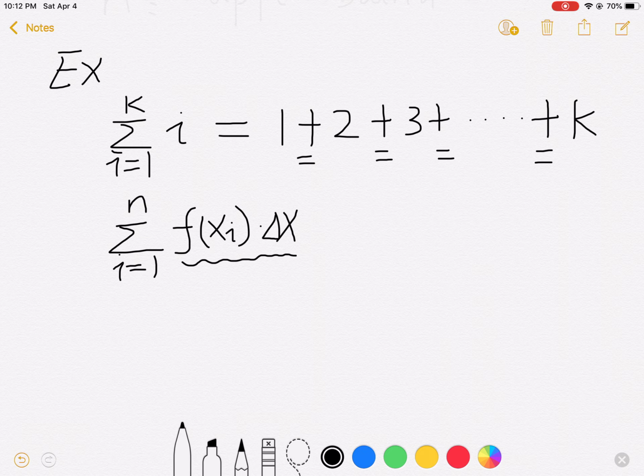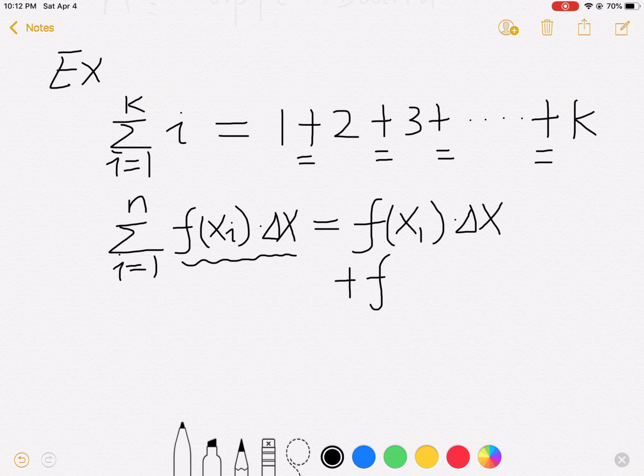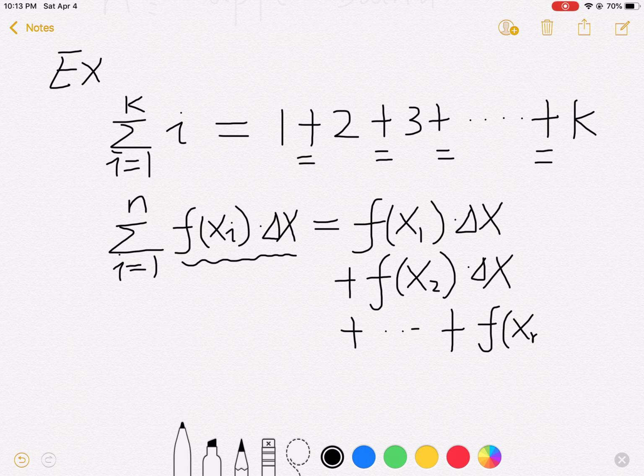So when i goes from 1 to n, you have n terms. The first term, i equals 1, is f of x sub 1 times delta x, plus i equals 2, which is f of x sub 2 times delta x. I continue, and the last term, i equals n, is f of x sub n times delta x.